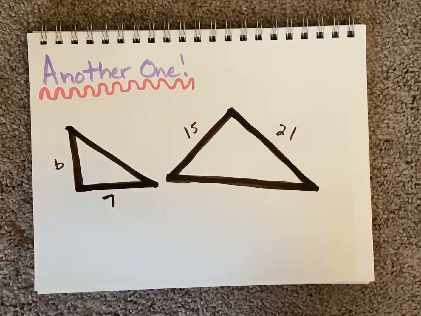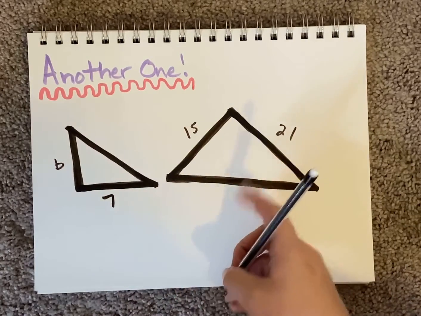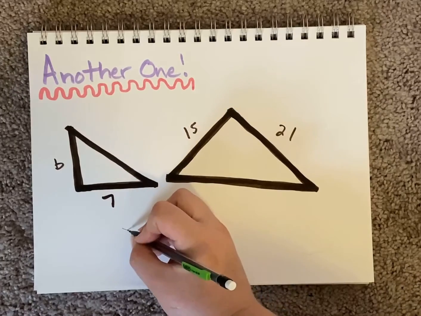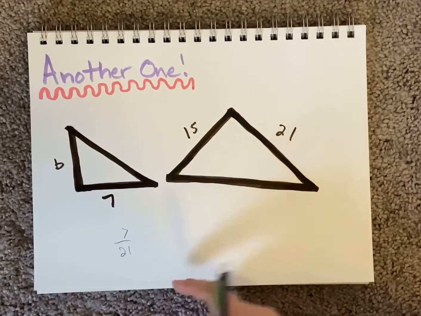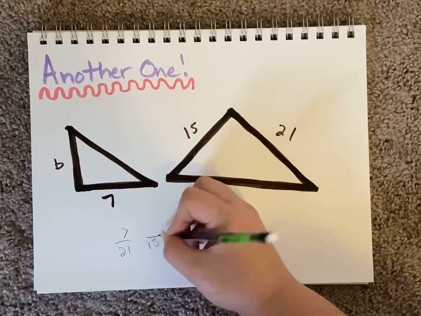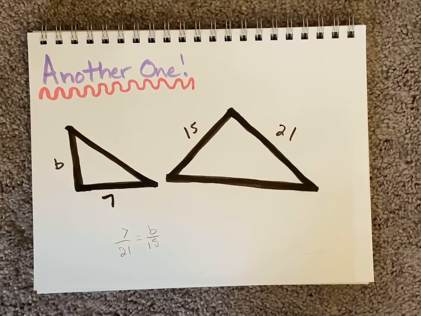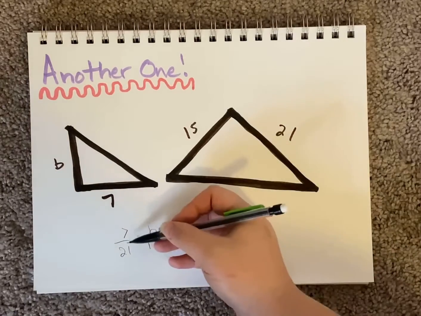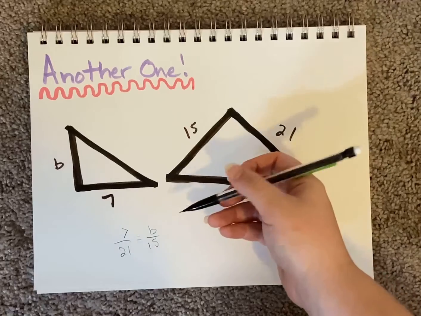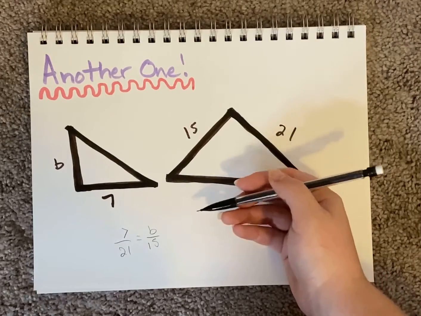So we're trying to find side B. So if we use our ratios and proportions that we just reviewed, 7 would correspond to 21, and 15 would correspond to B. Now, in this case, we could either cross multiply or we could use rational thinking to say that 7 goes into 21 3 times, and what goes into 15 3 times would be 5.